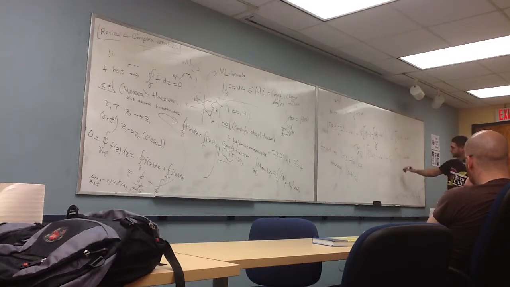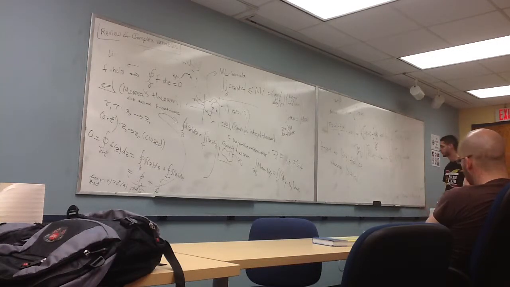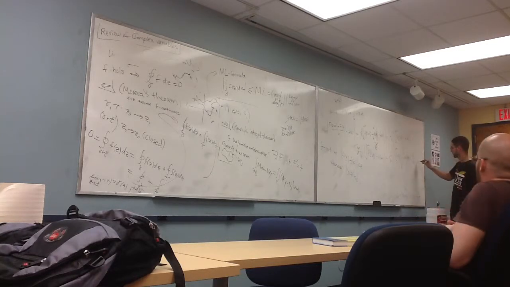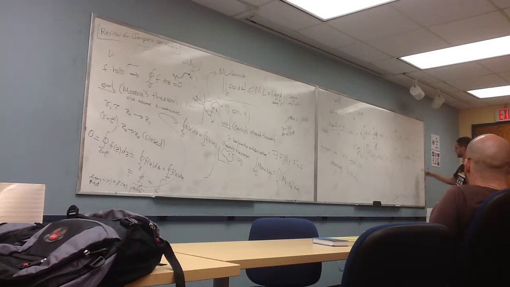And now this in here is epsilon. We're using the bound, the continuity of f. We're going to factor out epsilon, and we just get the integral from z to z plus h of 1 d zeta, and now the limit as h goes to 0.